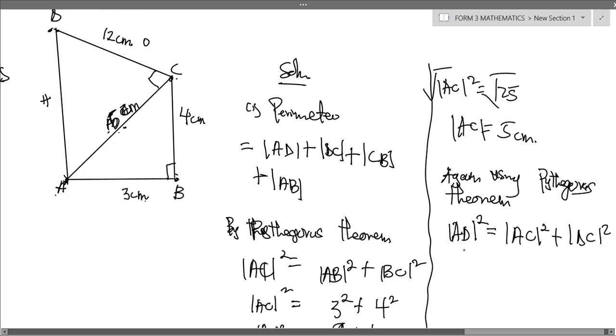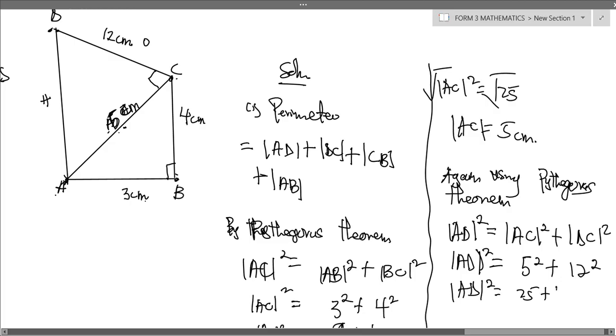AD squared equal to, what's our AC? Our AC is 5 squared plus, what's our DC? 12 squared, right?